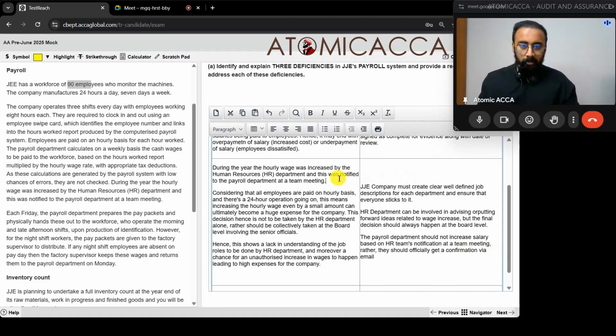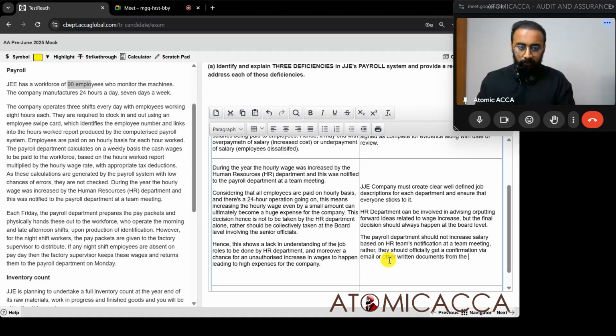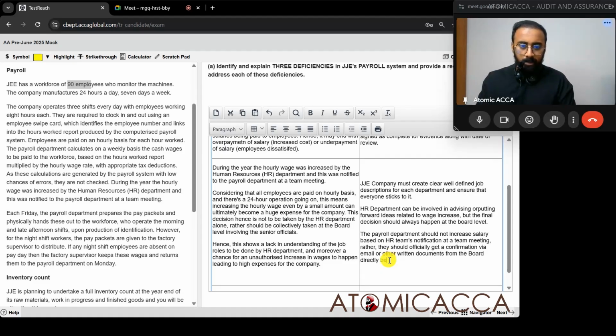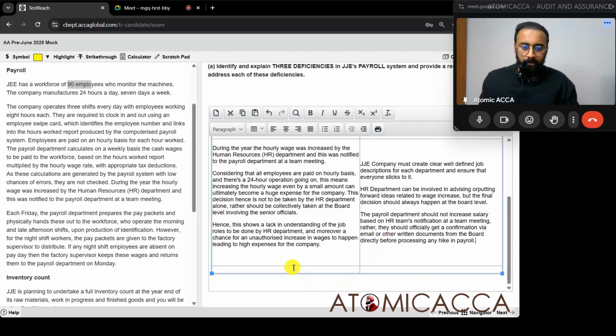A team meeting means they're probably sitting together and having a verbal conversation, like verbal agreements. That is not enough. So they should officially get a confirmation via email or other written documents from the board directly before processing any hike in payroll. Cool, so that is done.